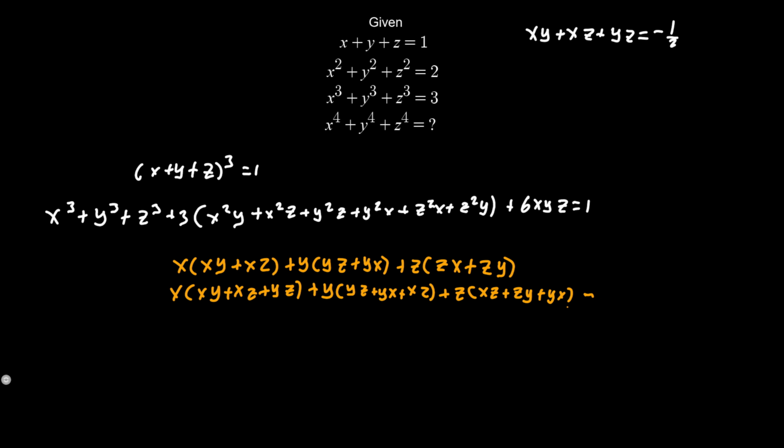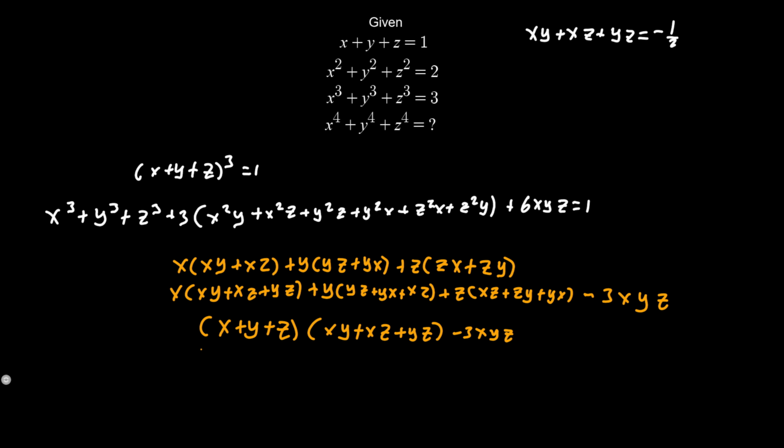That means we're going to subtract what we multiplied in here, which is minus 3xyz. And we could finally factor out what x, y, and z are multiplied by, which gives us (x + y + z)(xy + xz + yz), subtracted by 3xyz.